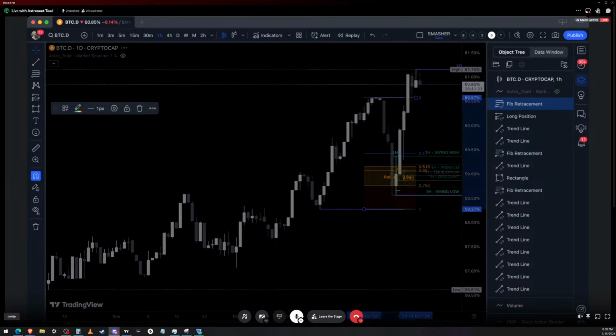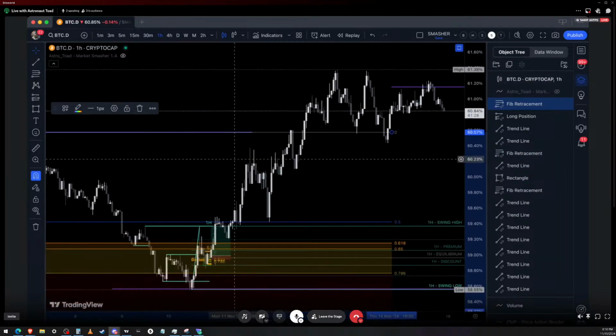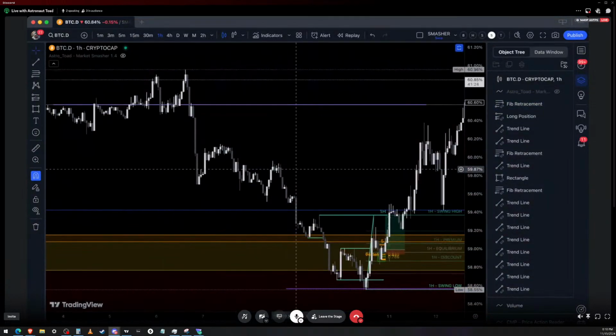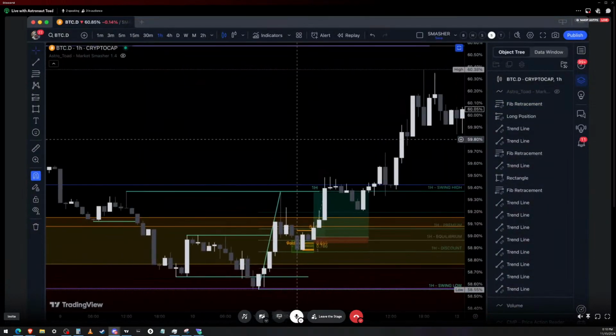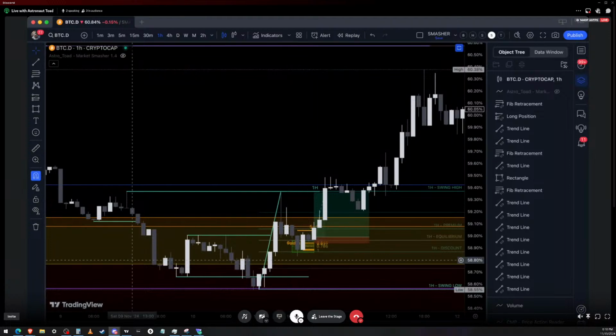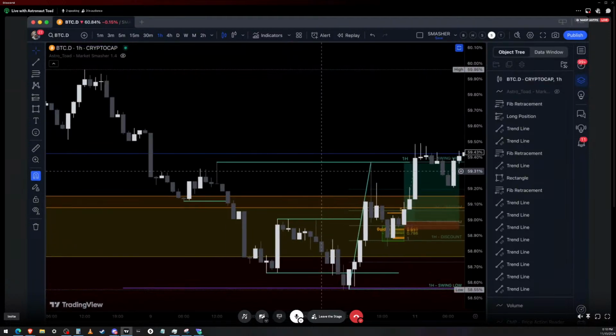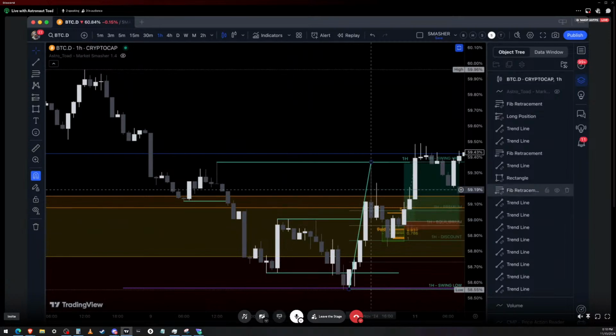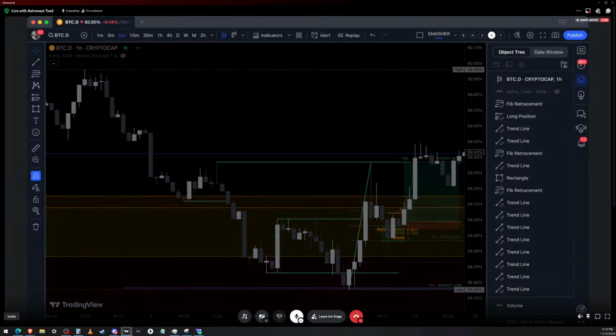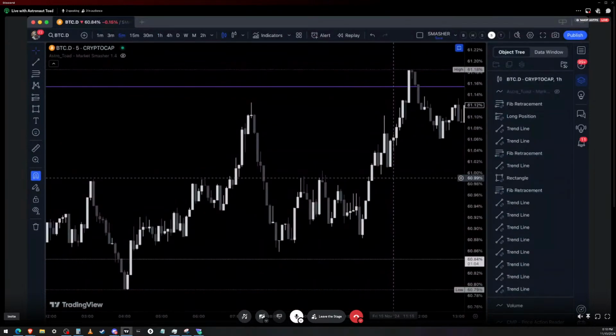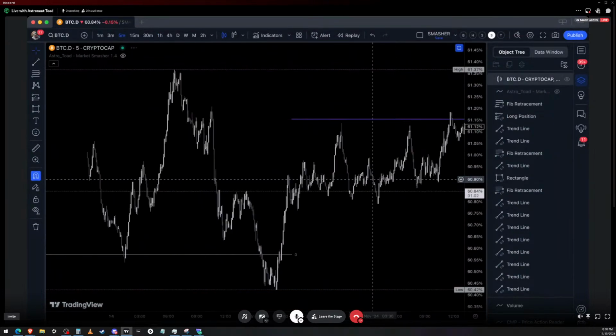Then you went down to the 1 hour chart and said, okay, in this range I am looking for longs. And when on the 1 hour this high got smashed, then you're fully bullish. Then you go down to the 5 minute and do the same thing.